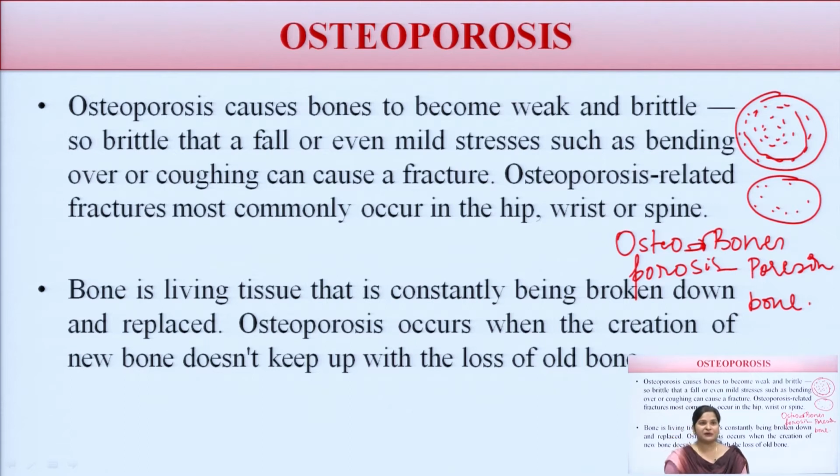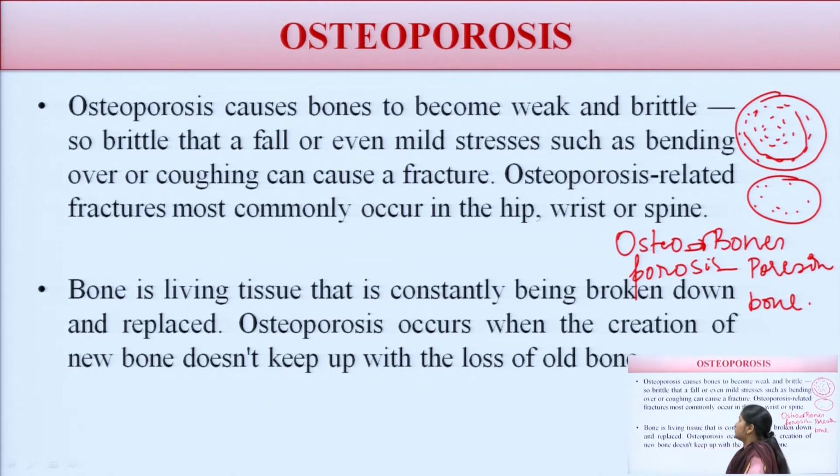This brittleness means even a mild stress such as bending or coughing may cause fractures. So osteoporosis-related fractures most commonly occur in the hip, wrist and the spine.